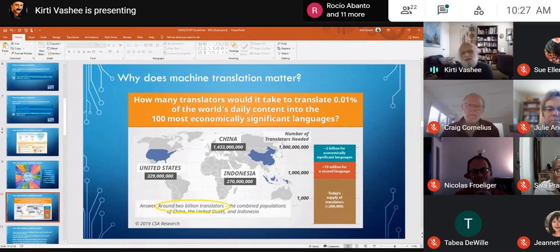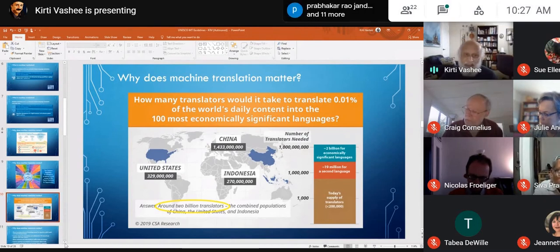So, what this really shows, I guess, is that there's too much content for human translators to do everything. And that if you do not use this kind of technology, your presence in the forward-moving digital momentum and economy is going to be marginalized.